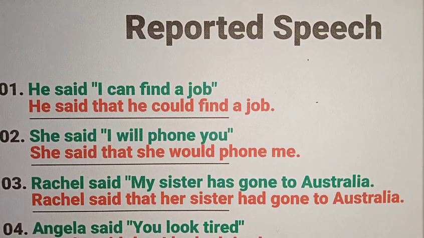Maybe he was speaking to someone. So he says this sentence to him. The second person or the second party hears this sentence and he reports it to a third party or to a third person.